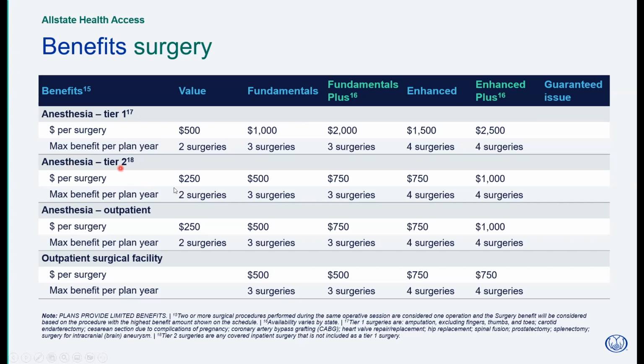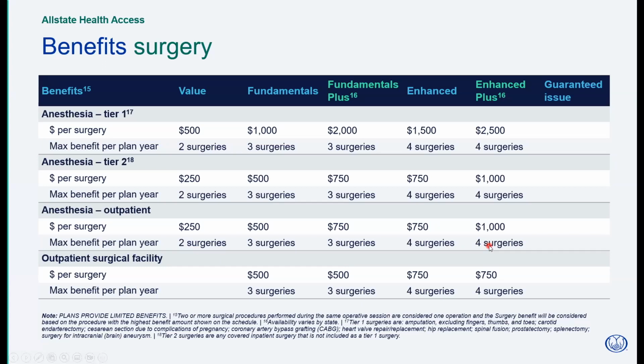For tier 2, the per surgery benefit amount is $250 up to $1,000, with a maximum benefit per plan year of 2 to 4 surgeries per year. Anesthesia for outpatient. These outpatient situations. This is also per surgery. $250 all the way up to $1,000 in benefit. The maximum benefit per plan year can be anywhere from 2 to 4 surgeries.